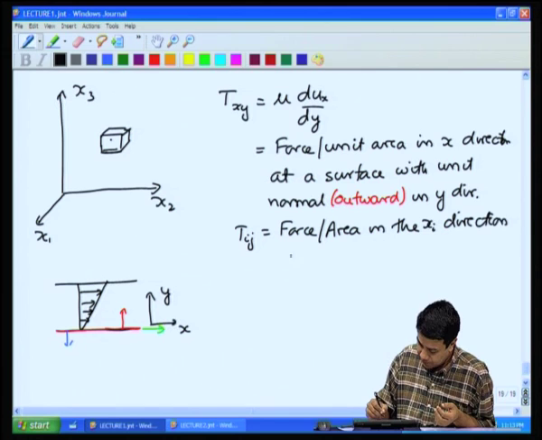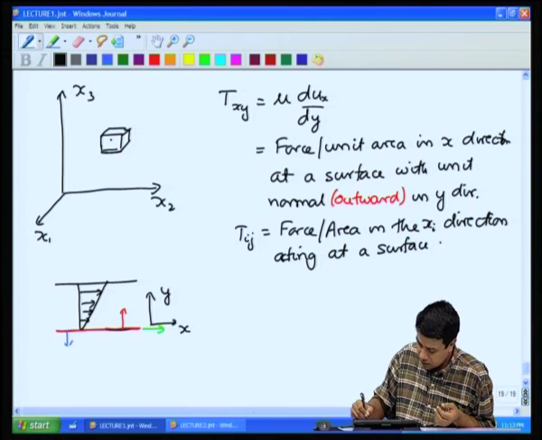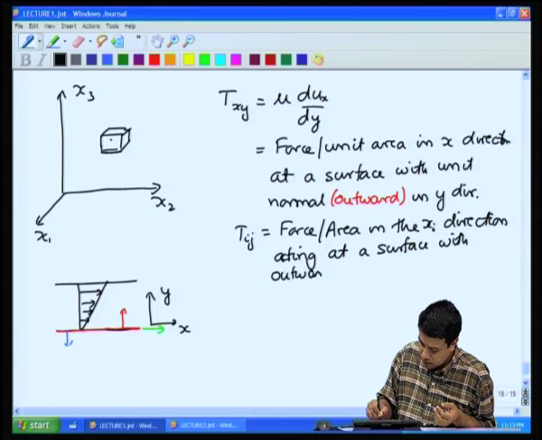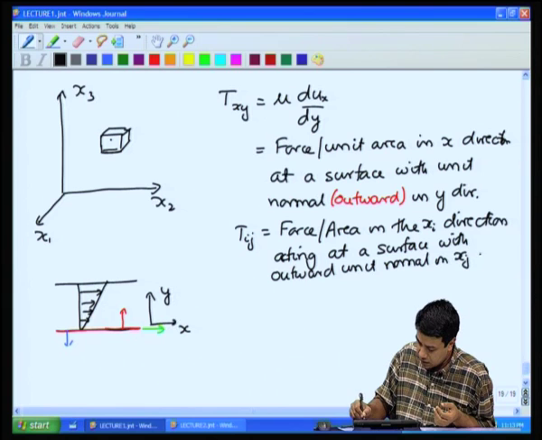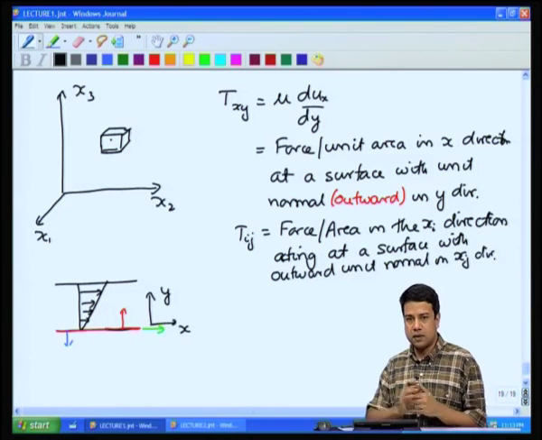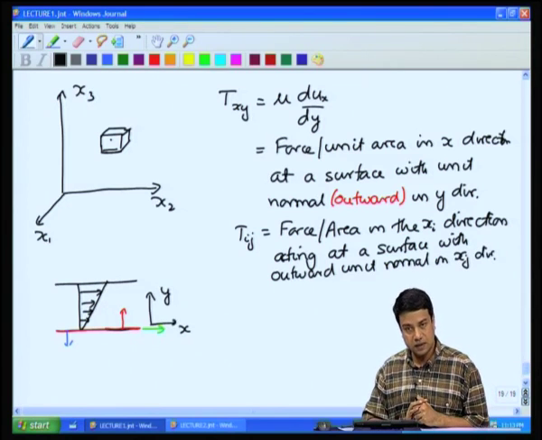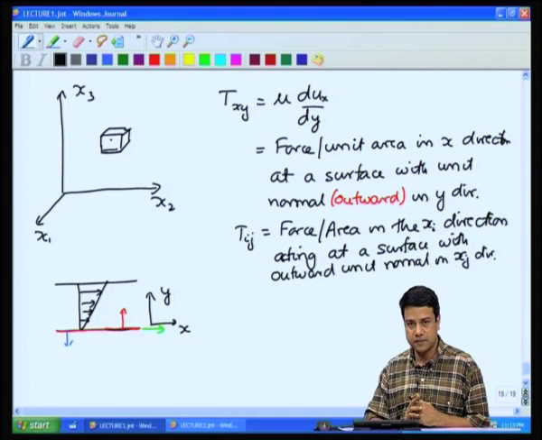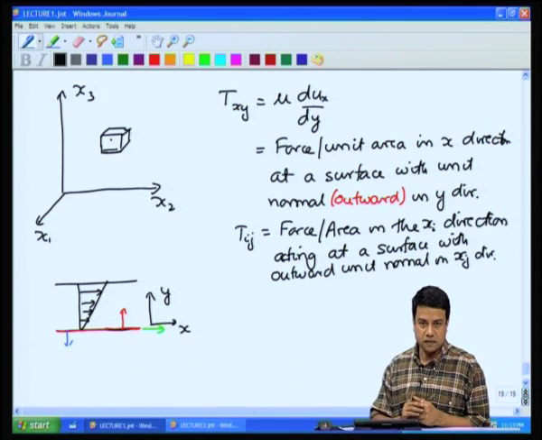acting at a surface with outward unit normal in the xj direction. That is the definition of the stress.